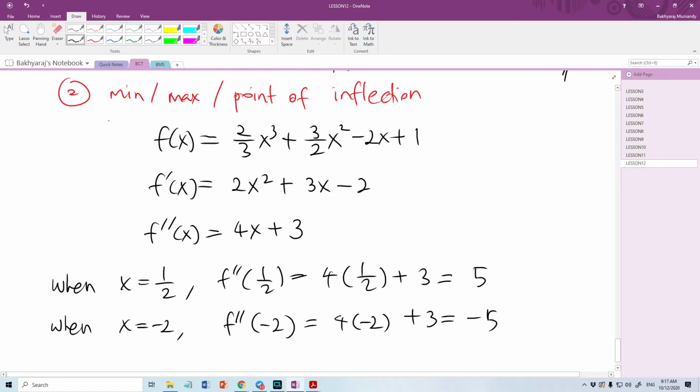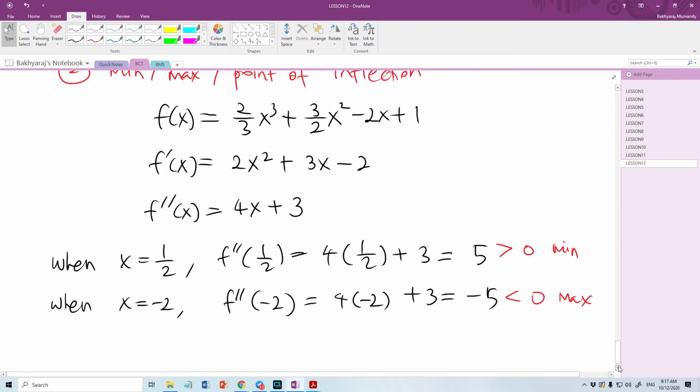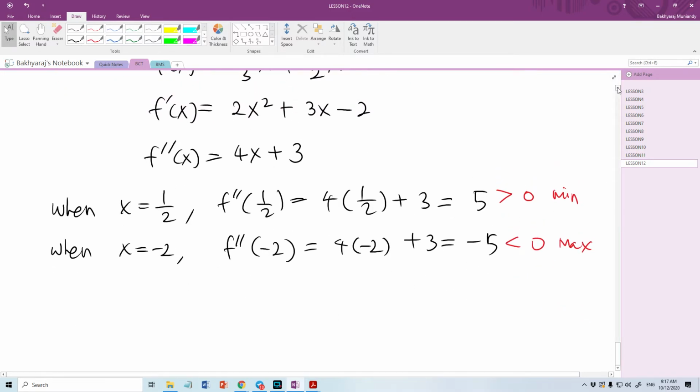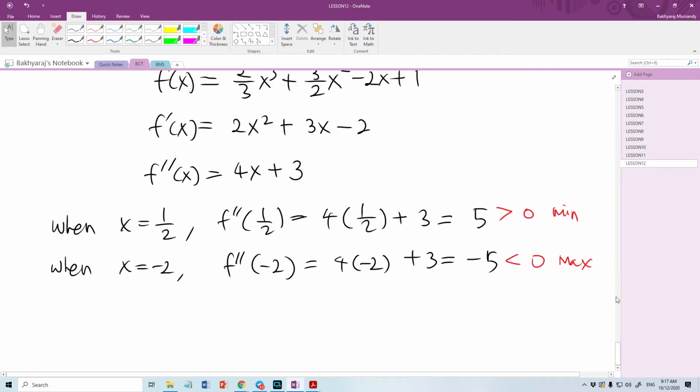Okay, now it is very clear. This one is more than 0, this one is less than 0, right? So more than 0 is a minimum, less than 0 is a maximum. So once we know this, then we can do the final conclusion.